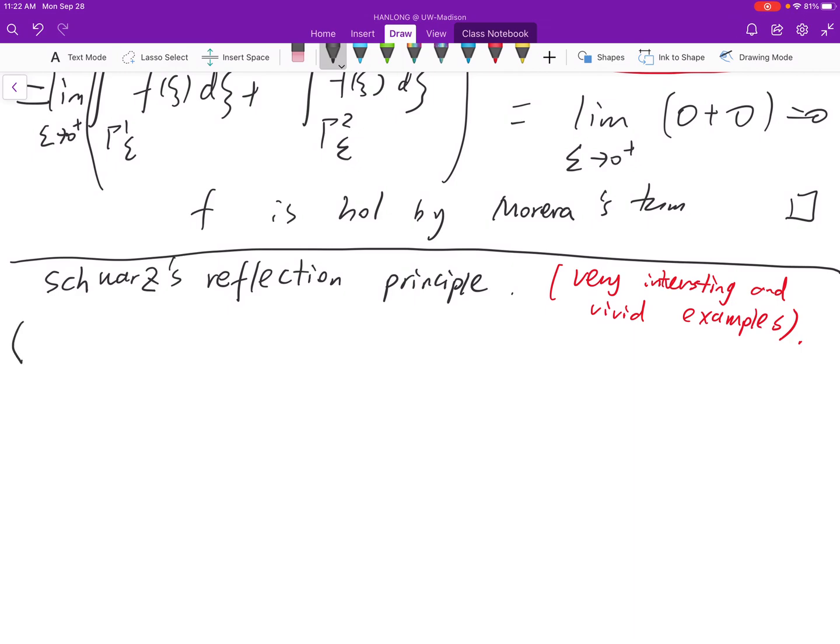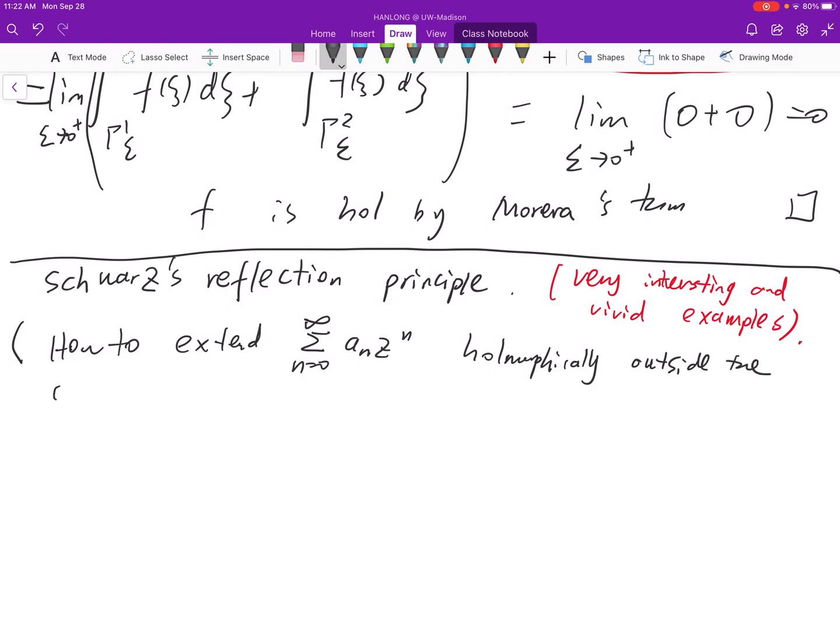For example, how to extend the power series holomorphically outside the convergent region?